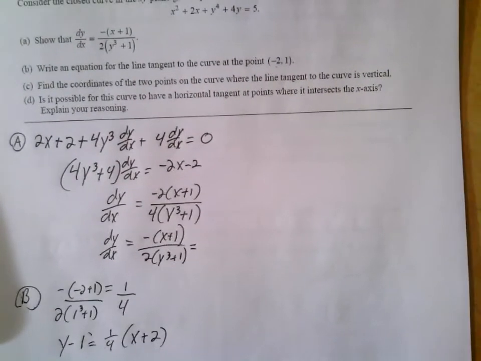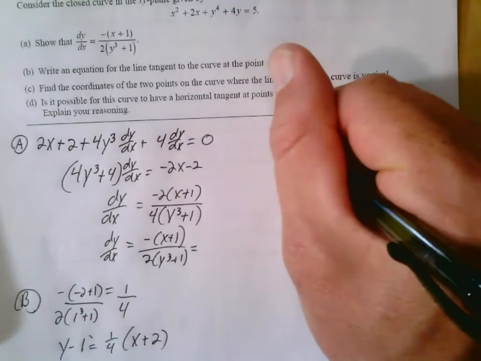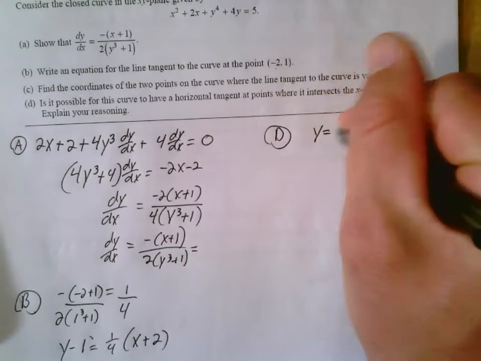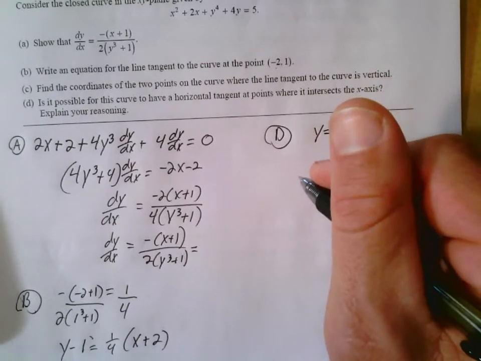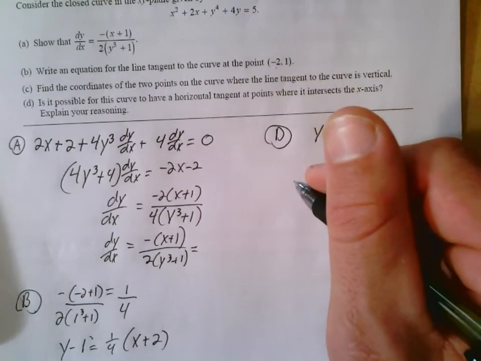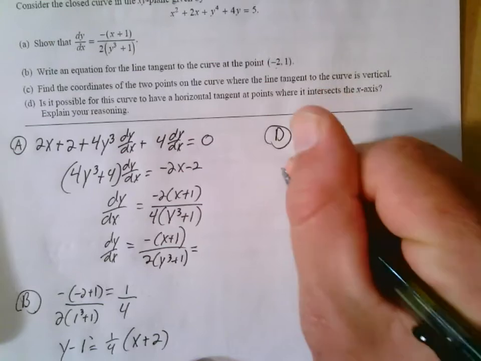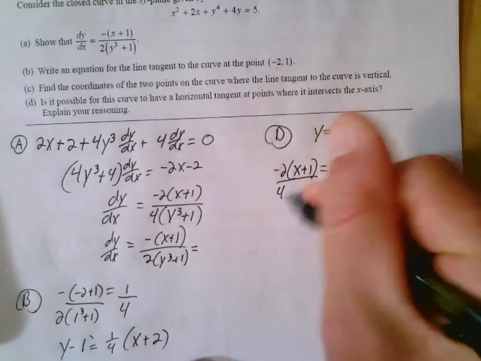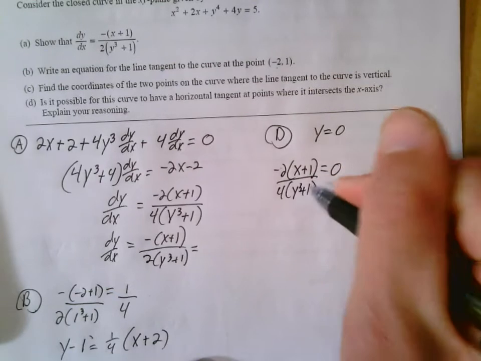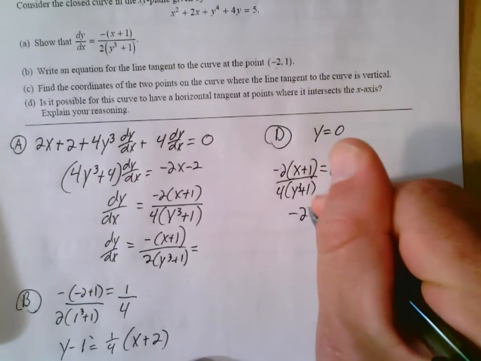Okay, a horizontal tangent where it intersects the x-axis, so where it intersects the x-axis, y is 0. And then horizontal tangent tells me where the numerator equals 0. So multiply the bottom.